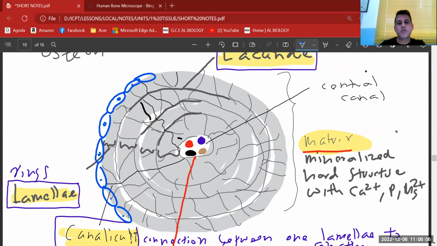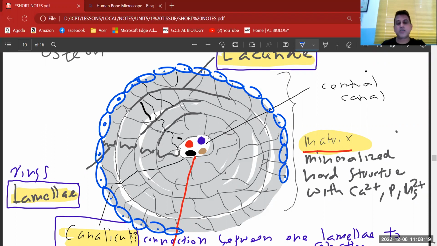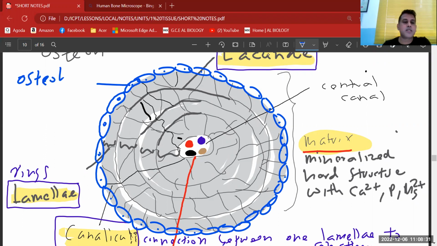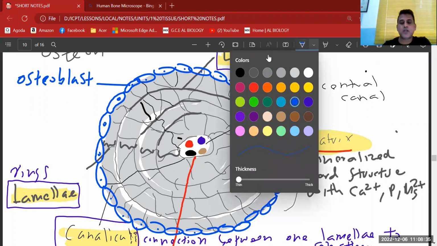It is going all around this circle, and they are the most common type of cells, and they form the osteons. So these cells are called osteoblasts. Osteoblasts, which simply, write, make the osteon.